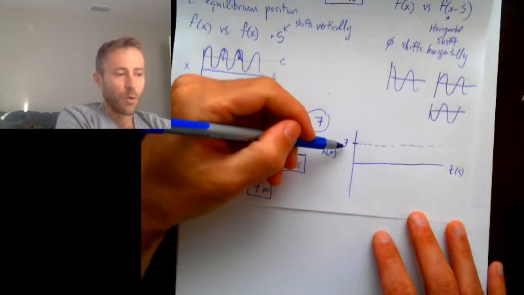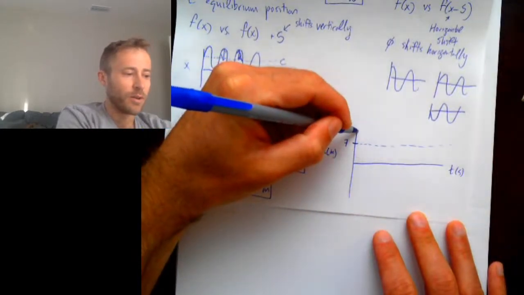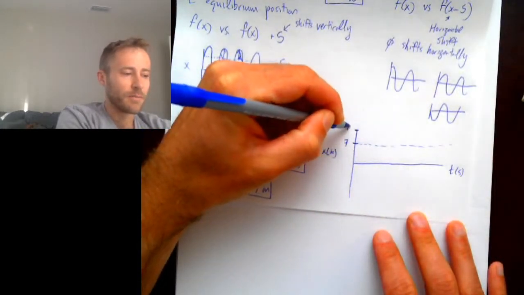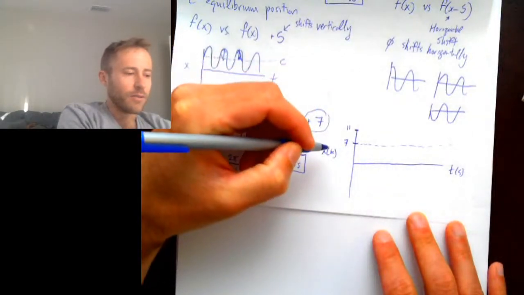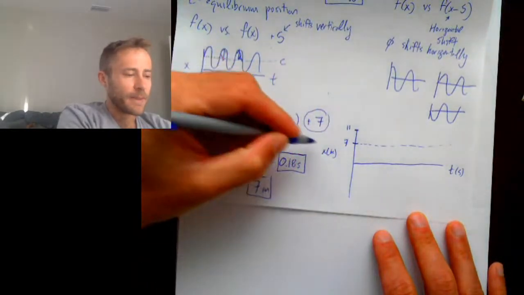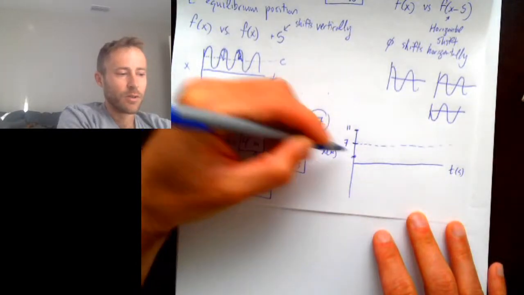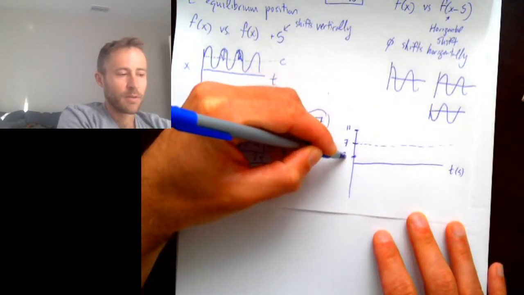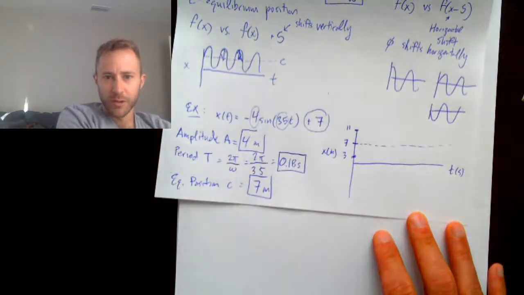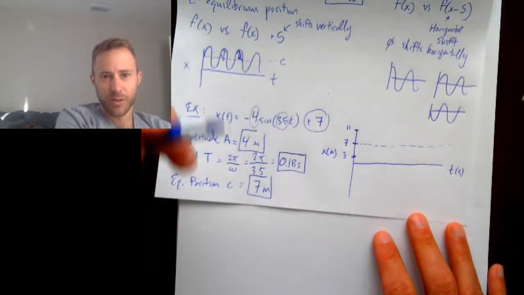So 4 above 7 would be going up to 11, and 4 below is going down to 3. So this is a wiggle that goes between 11 and 3.